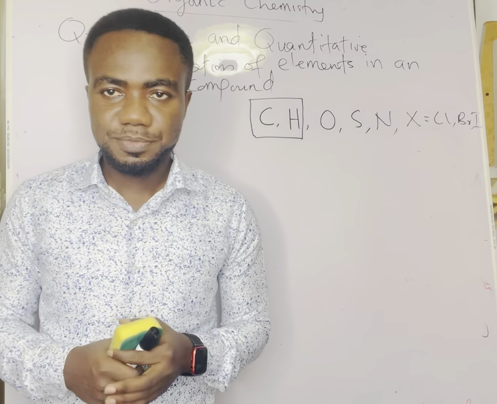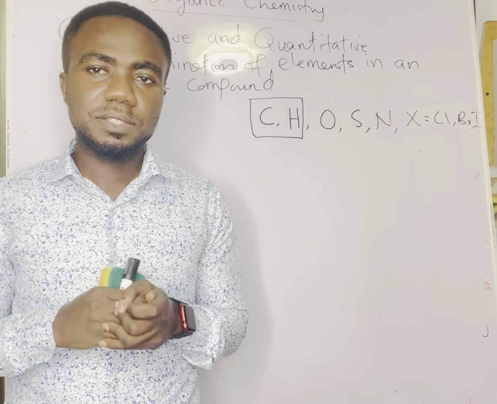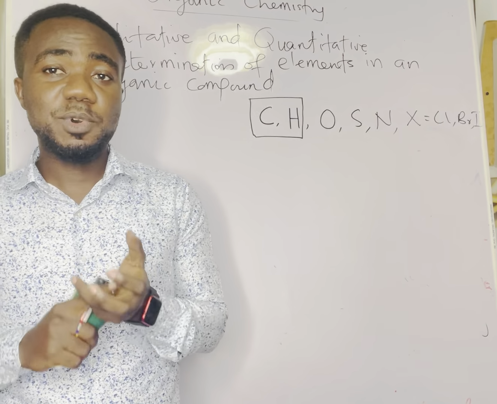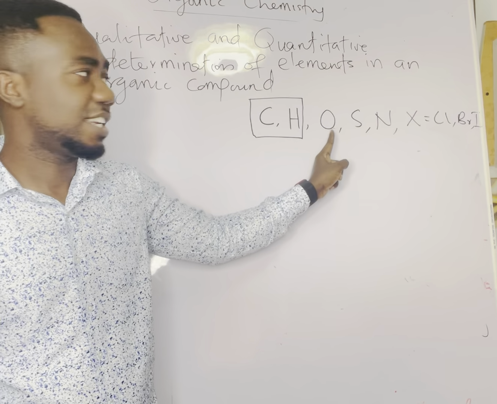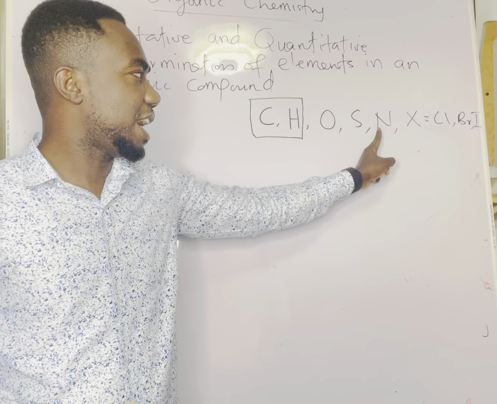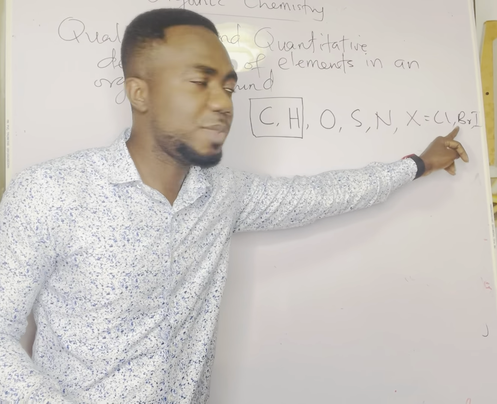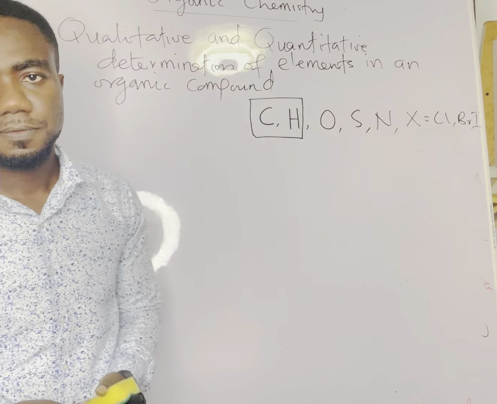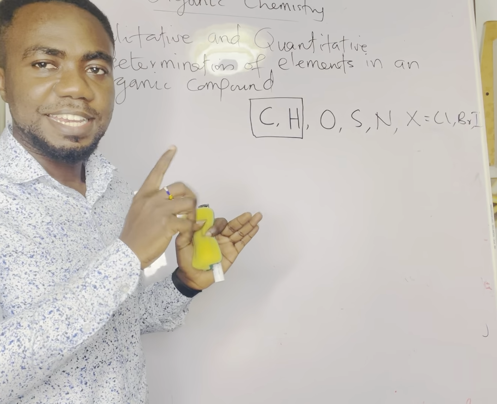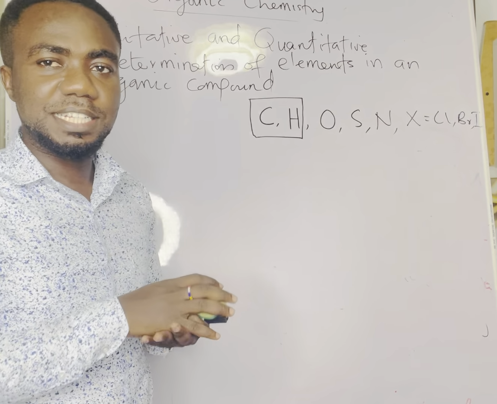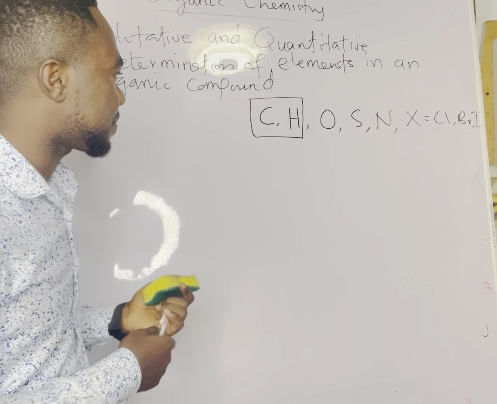Qualitative analysis of an organic compound: an organic compound contains carbon and hydrogen, and sometimes oxygen, sulfur, nitrogen, and then the X group, that's chlorine, bromine, and iodine. Let's first look at the qualitative determination of elements present in an organic compound.